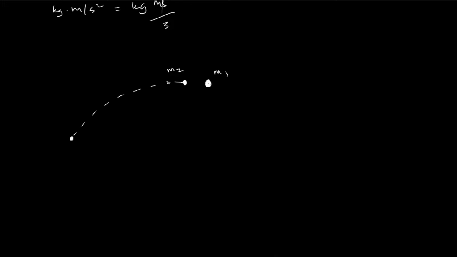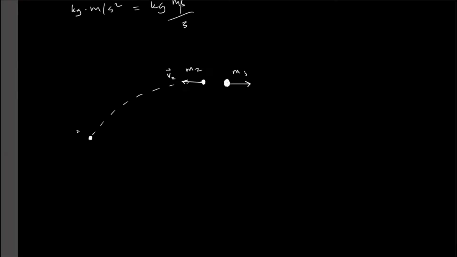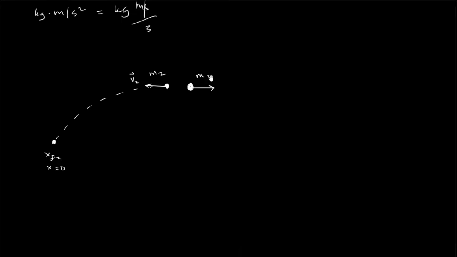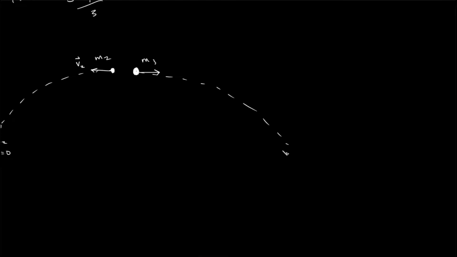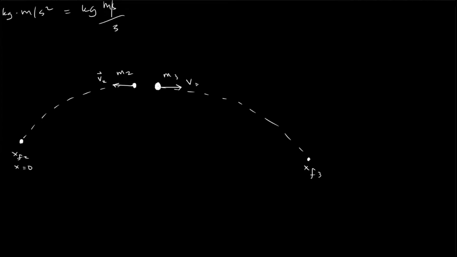M2 gets launched backwards with some velocity, and M2, surprisingly, lands right back where it started. M3 gets launched forward and lands way over here. And it gets launched with some velocity v3.